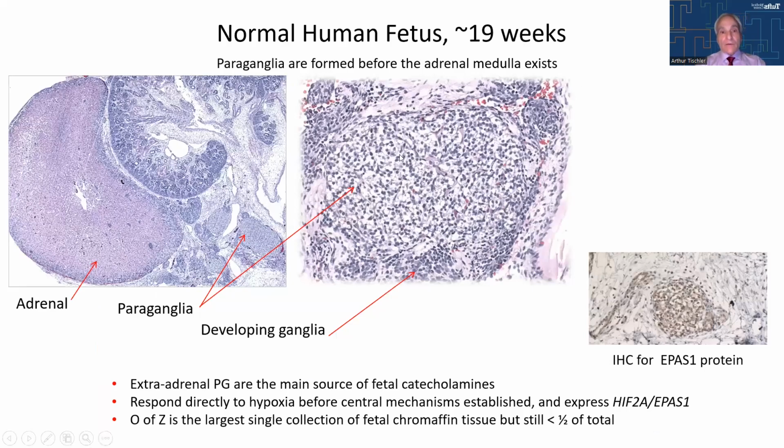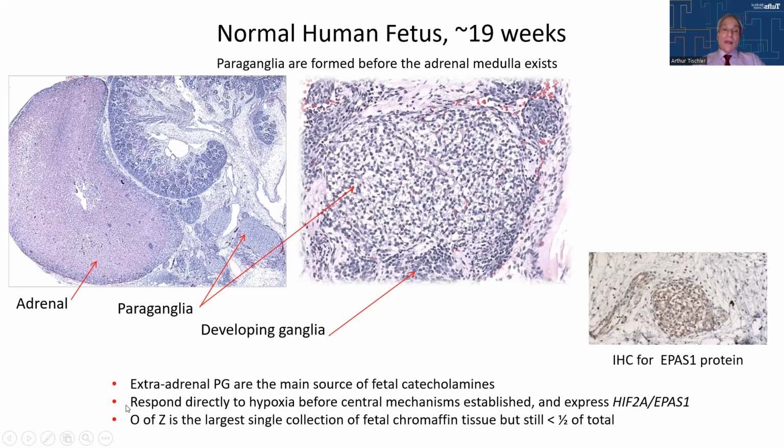This is a higher magnification and another view of a human fetus, and this slide is shown to make several points. First, this is the adrenal medulla, and these are the extraadrenal paraganglia. Note that extraadrenal paraganglia are fully formed before the adrenal medulla exists. These pink cells here are provisional cortex or fetal cortex, which are just starting to be populated by these adrenal medullary precursors.